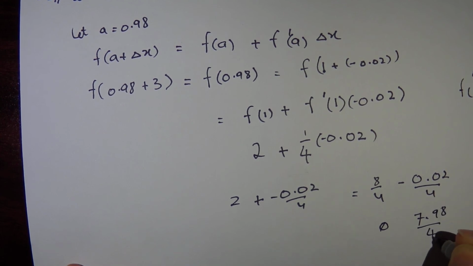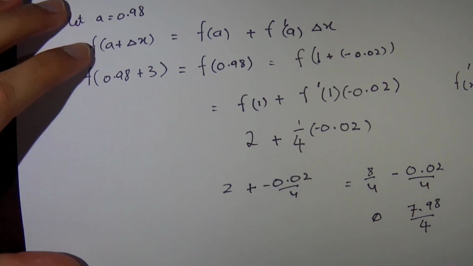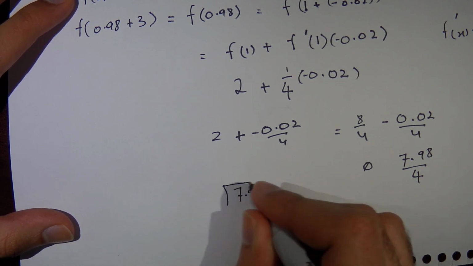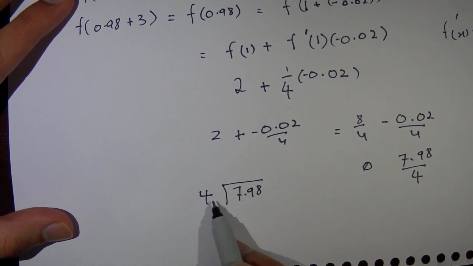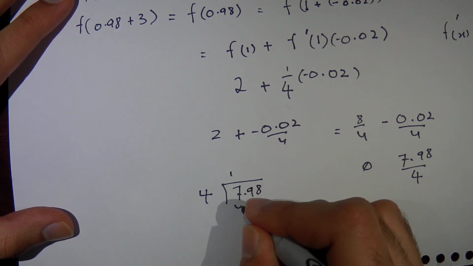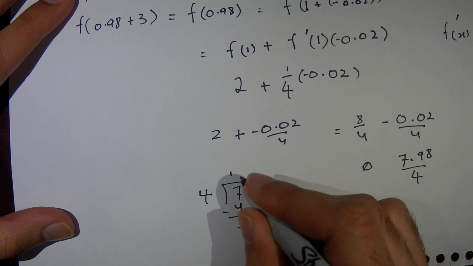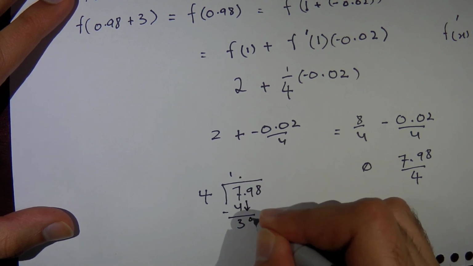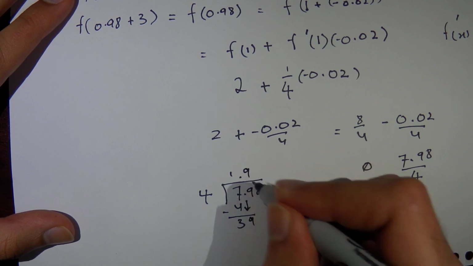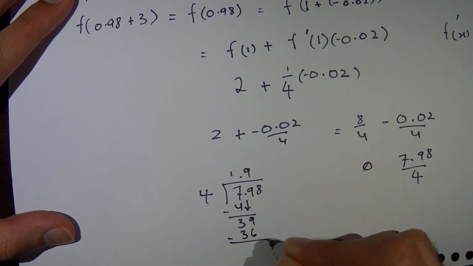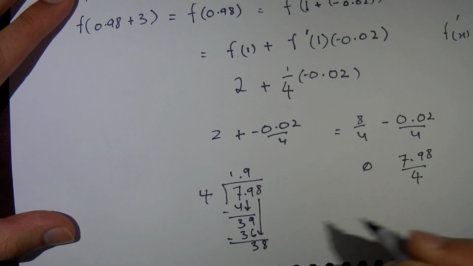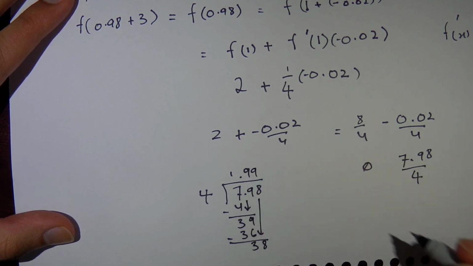7.98 divided by 4. And now simple division again, so 7.98 inside the house. 4 divides into 7 once only. We get a remainder of 3, put the decimal up, get the next number down. 4 goes into 39 9 times. 36, subtract that, we get 3. 4 goes into 38 again, 9 times.